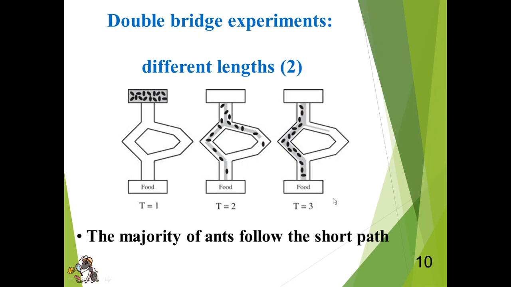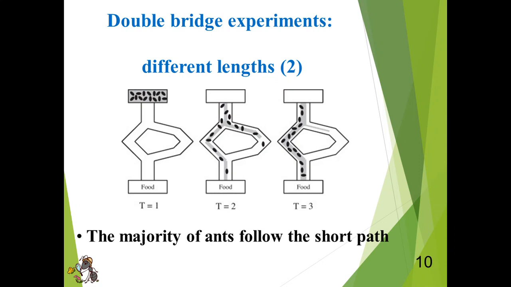After this loop, at T3, we note all the ants choose the shortcut, the shorter and faster path. That is because the pheromone trail is still fresh on this path and there are a lot of ants on it, in contrast to the other path, which has dried up of pheromone.